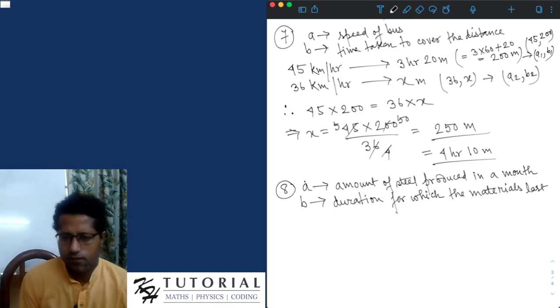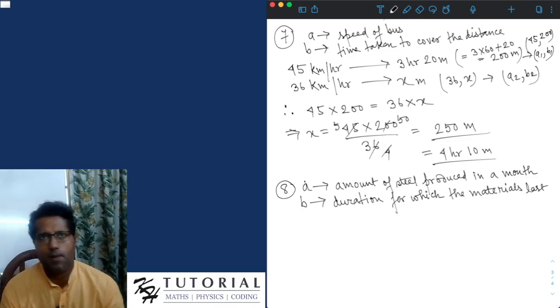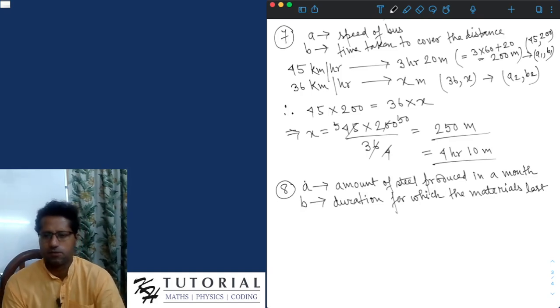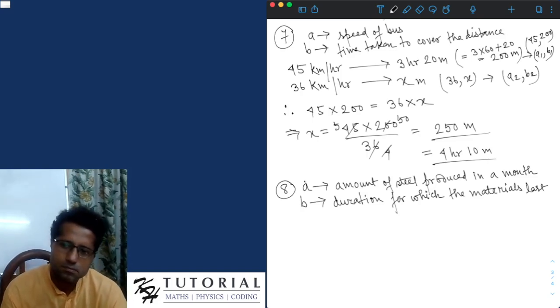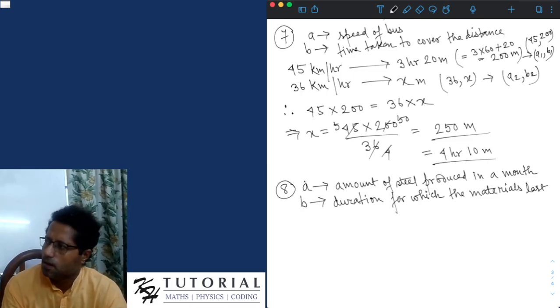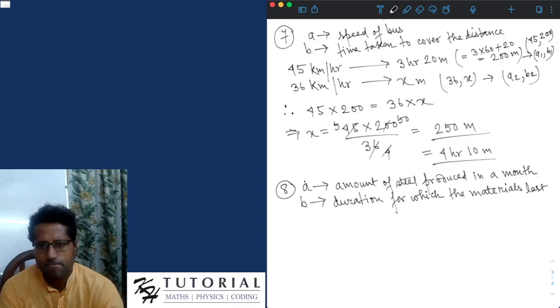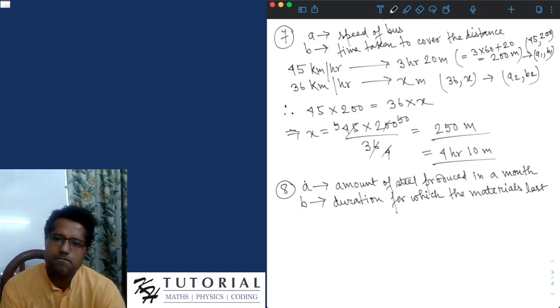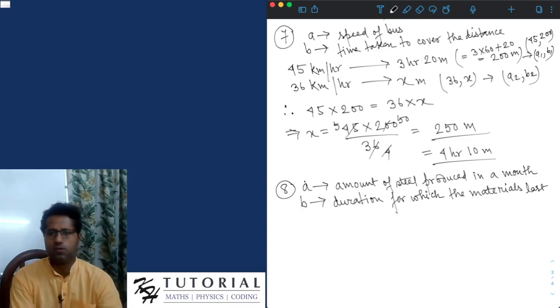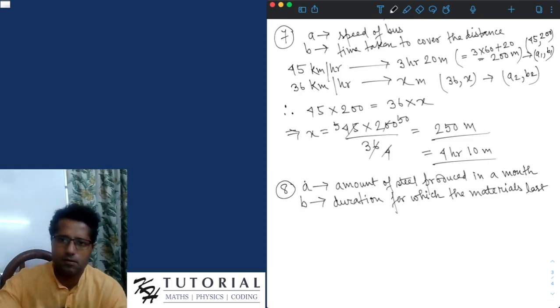So if A is the amount of steel to be produced in a month, and B is the duration for which the materials last, then if you increase the amount of steel to be produced in a month, definitely more materials will be used, and the materials will not last for a month.